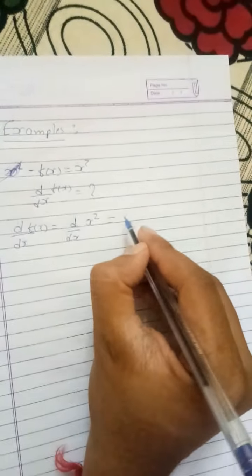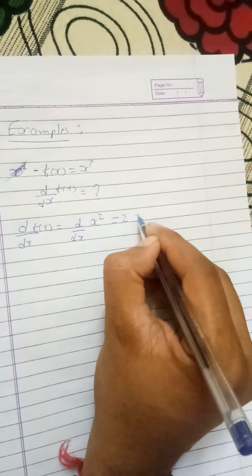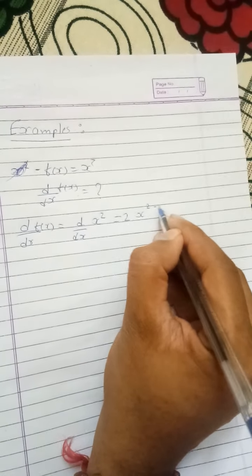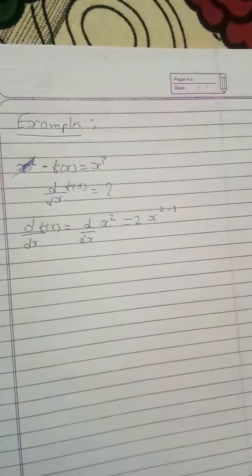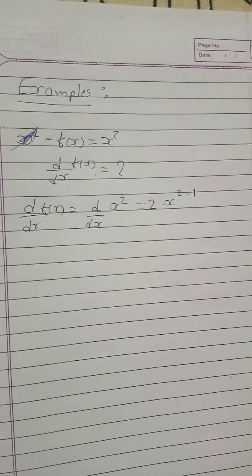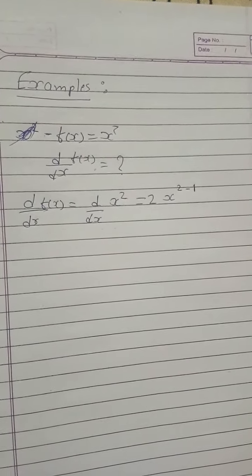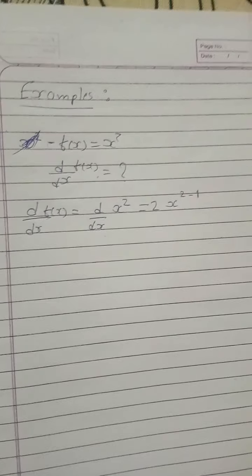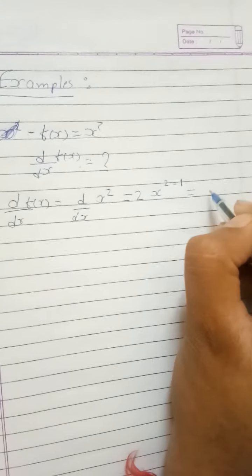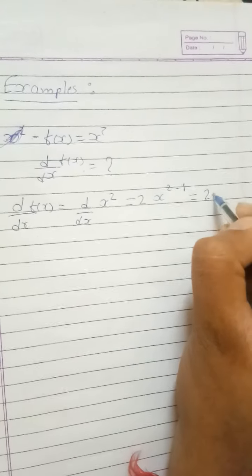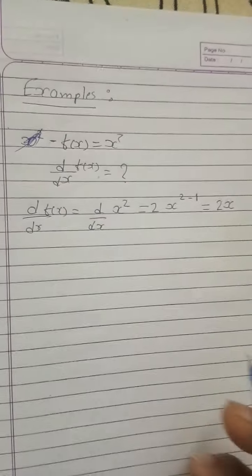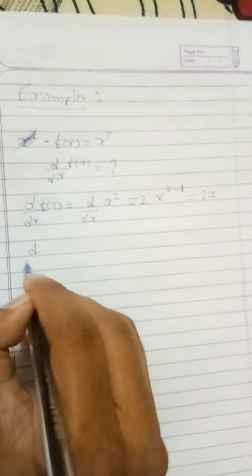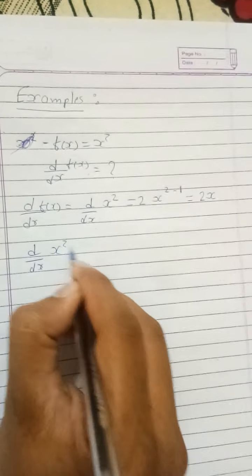It means 2x raised to 2 minus 1. Here instead of n there is 2. So 2x to 2 minus 1, and 2 minus 1 is nothing but 1. So you get 2x. So the derivation of x square is 2x.